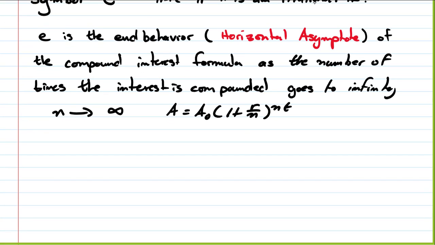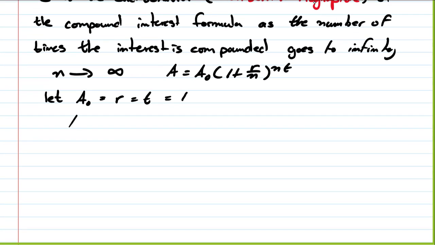So to simplify the calculation, let's let A naught equal r equal t all equal to 1. So that would leave us with A is equal to 1 plus 1 over n raised to the n. And we want to let n go to infinity.